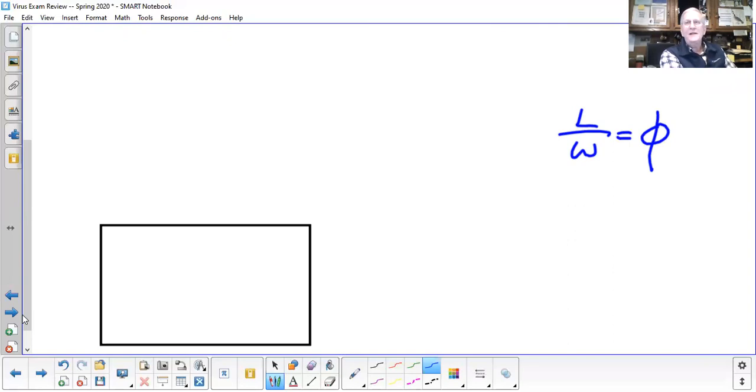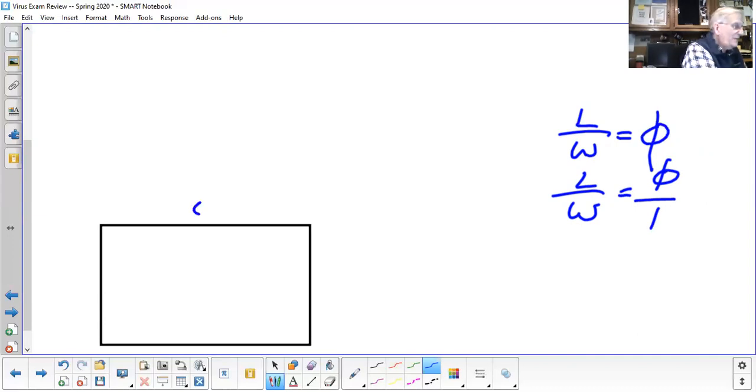That being said, why don't I call the length and width of this figure phi and 1? How can I get away with that? If I have L over W equals phi, isn't that the same thing as phi over 1? Yeah, it is, right? So I'm going to make the length of this phi, and I'm going to make the width of this 1.